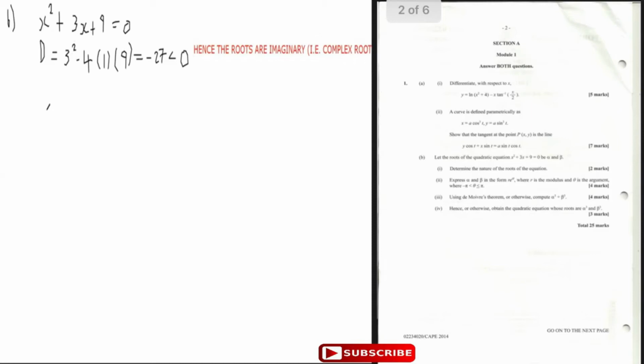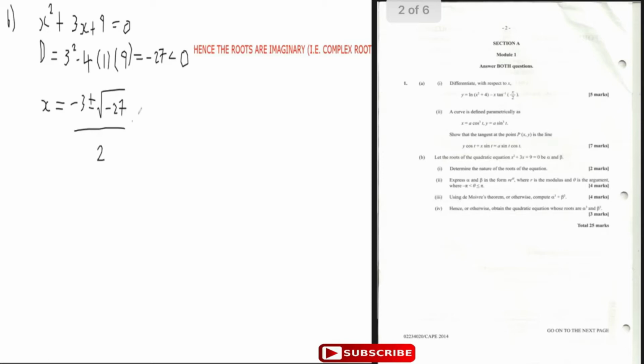If we were to solve for the roots, we would get that x is equal to minus b, which is negative 3, plus or minus the square root of b squared minus 4ac, which we found already to be negative 27, over 2 times a, which is 2 times 1, which is 2.